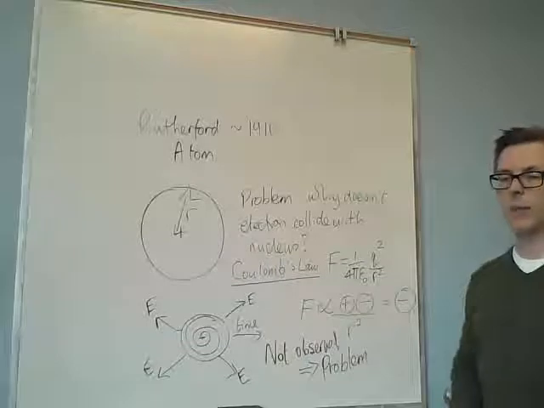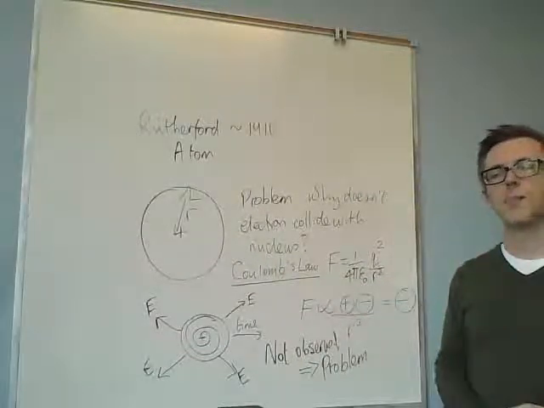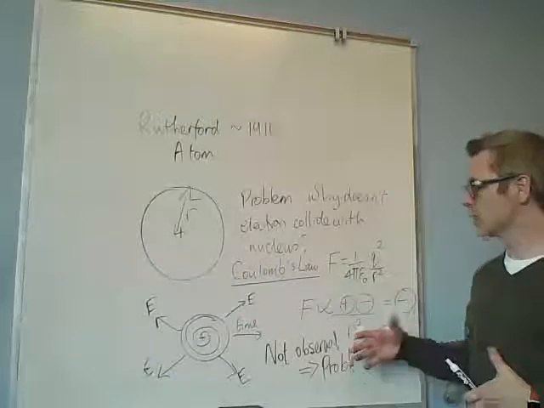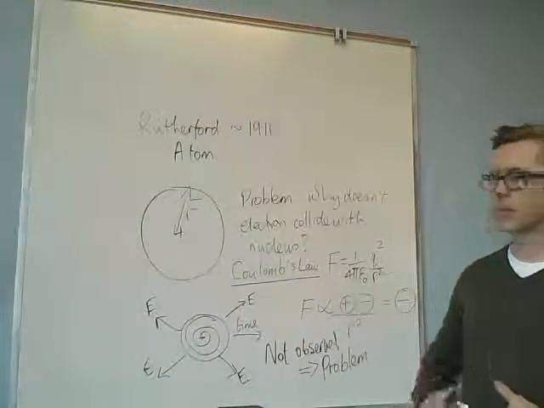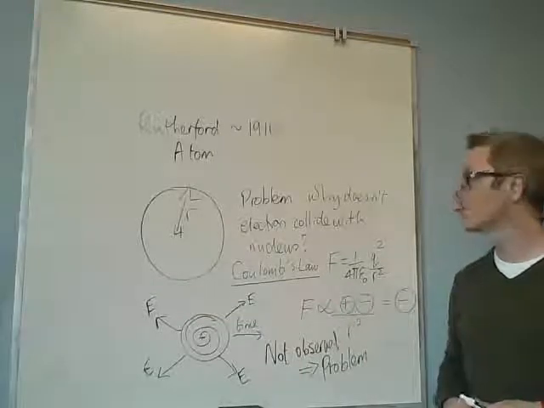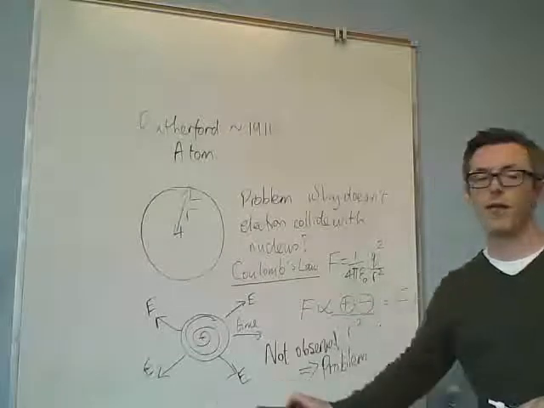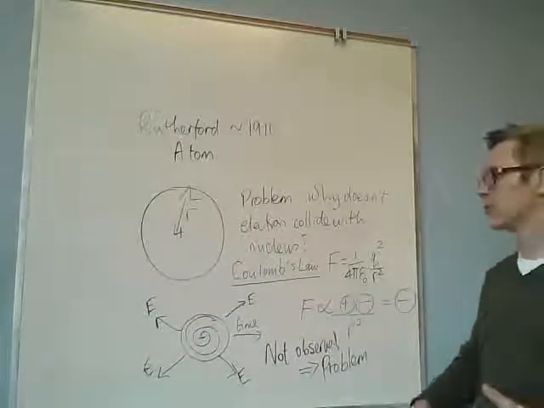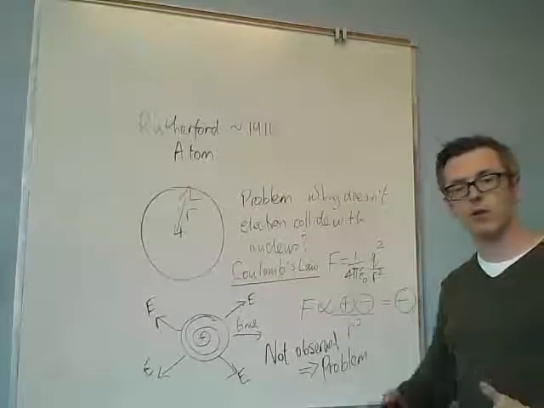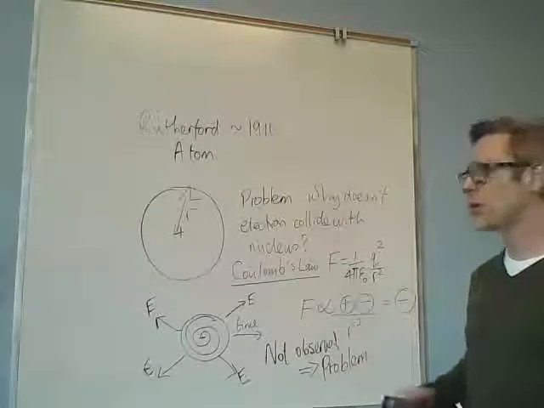There's a problem with our model. This is not the only problem that led to the birth of quantum mechanics, but this was an important one in chemistry. Okay, I'm going to erase this board, and we're going to move on to look at the next atomic model, which rescued this model, which was Niels Bohr, the Bohr atomic model.